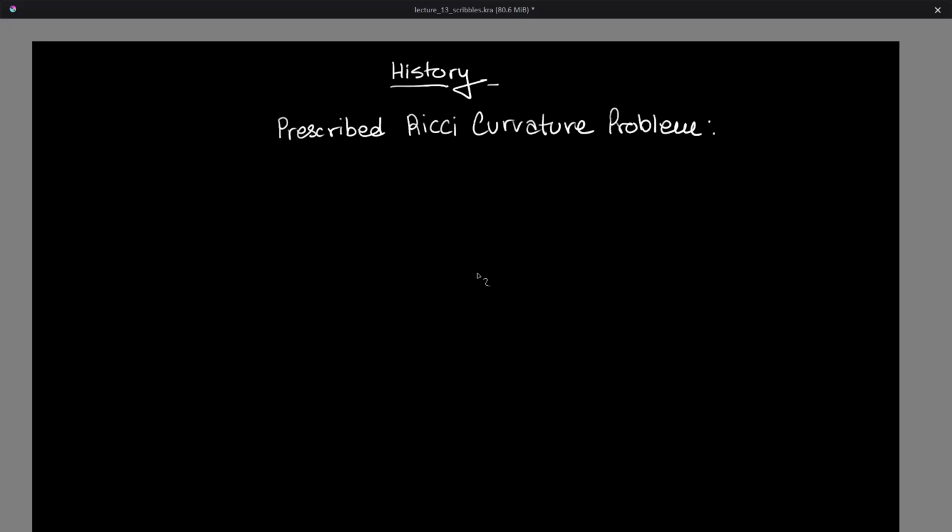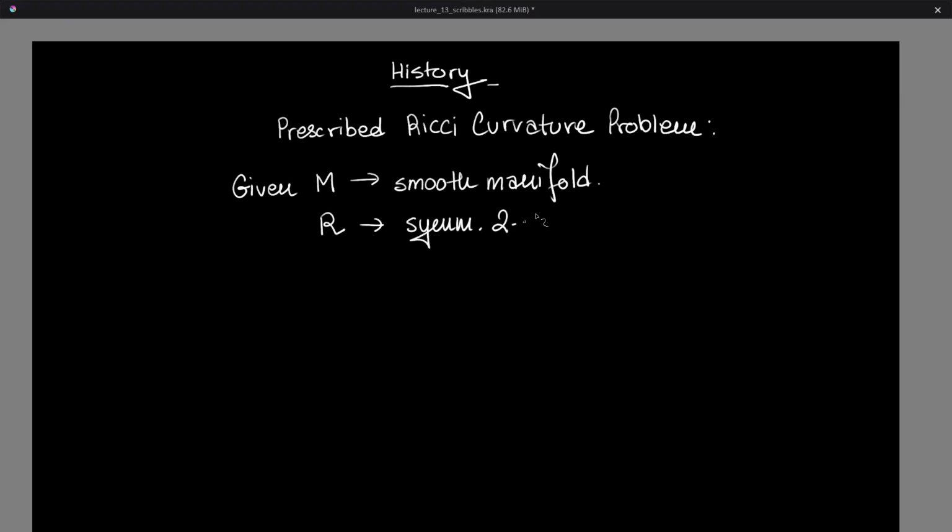What was this problem? This problem stated that we have an M, which is a smooth manifold, and I give you R, which is a symmetric two form.